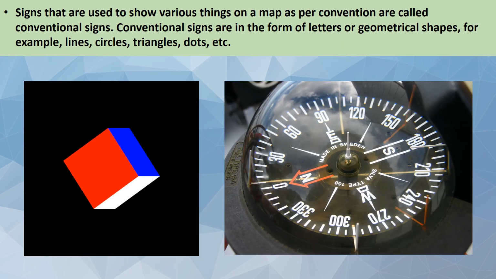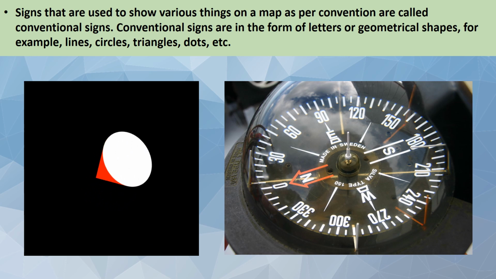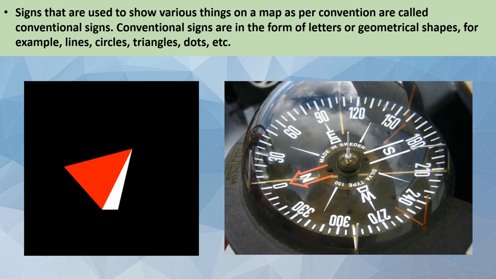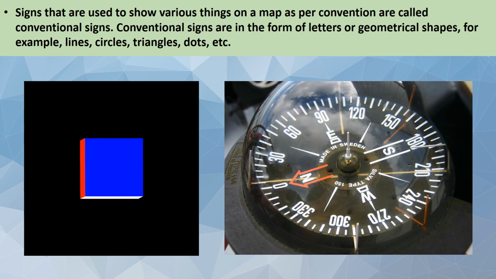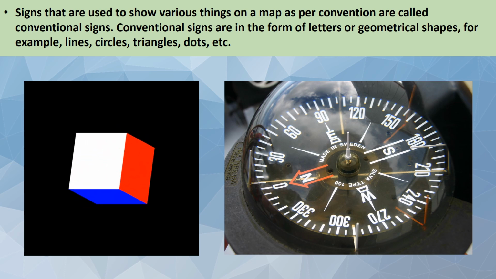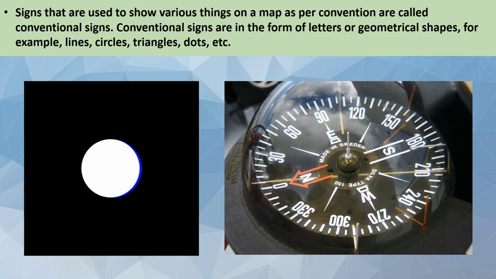The signs that are used to show various things on a map as per convention are called conventional signs. These are in the form of letters or geometrical shapes, for example, lines, circles, triangles, dots, etc.